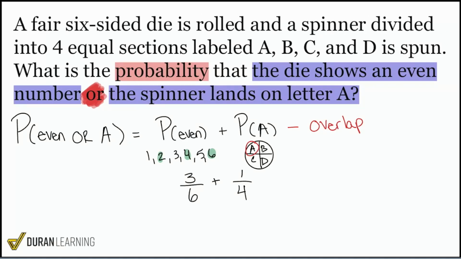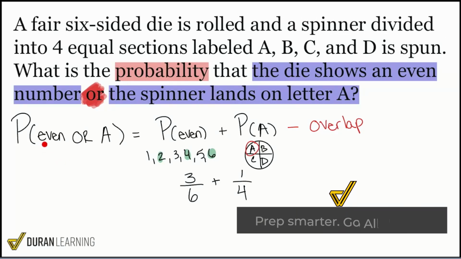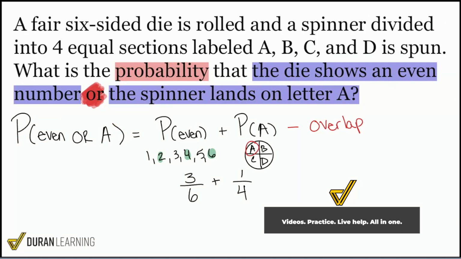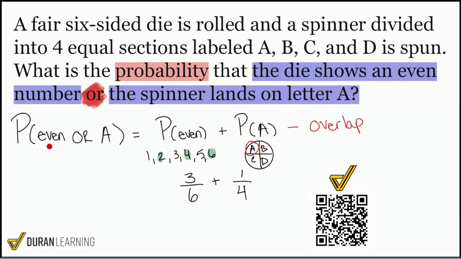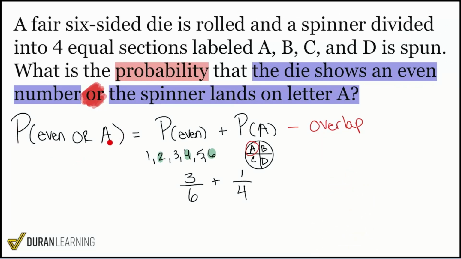The answer is yes, because remember, the word or means that if we get an even number, then the whole thing is good already automatically. If we get an odd number, that's not an even number. But if we land on A, it's still all good. Remember, it's this being true or this being true. That's okay. Either one can be true.